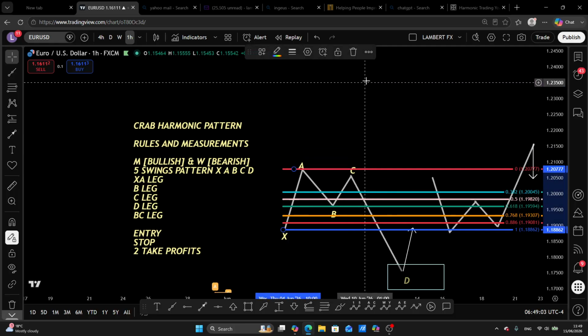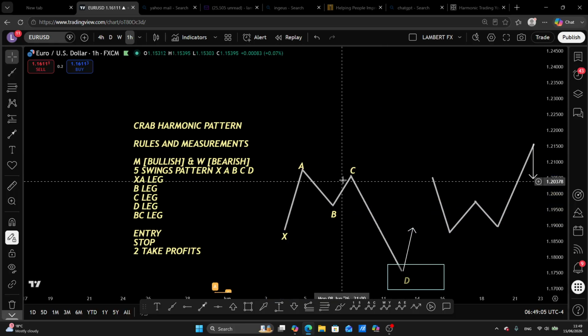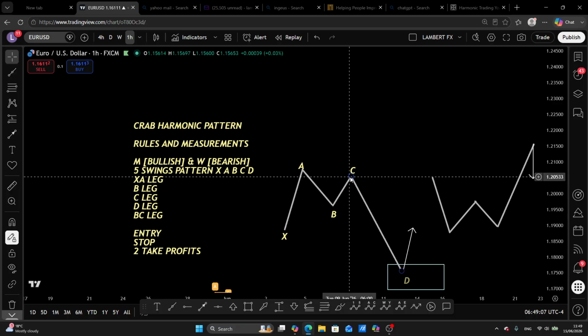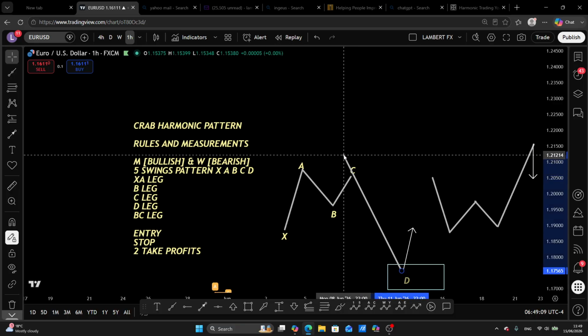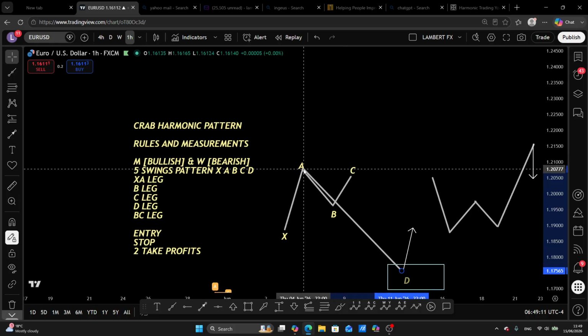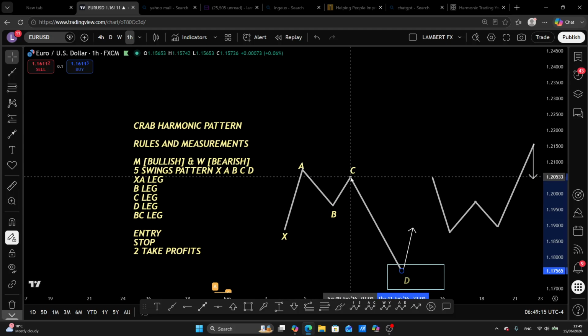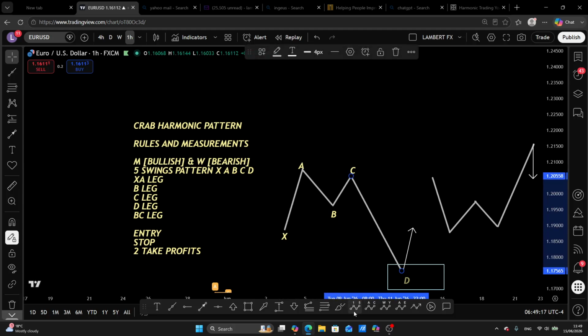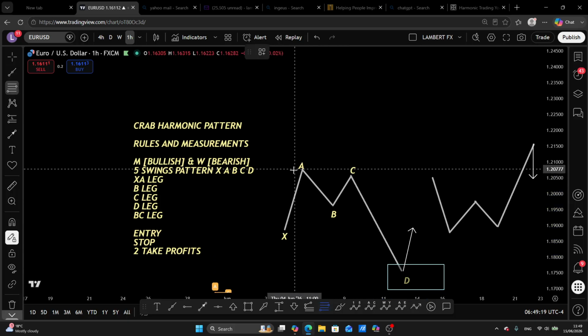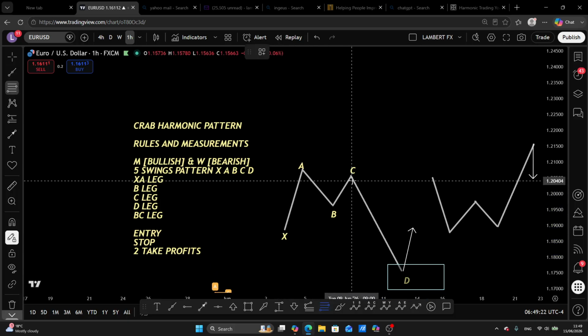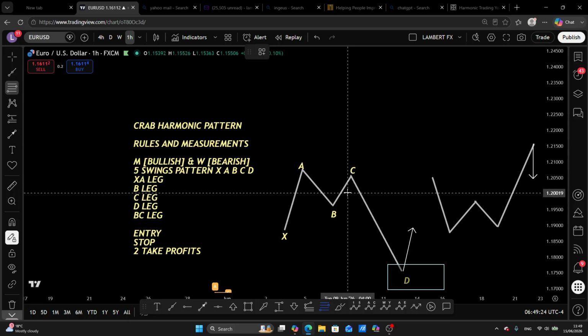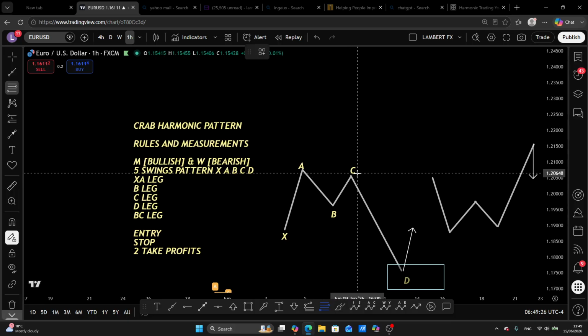So I get rid of this. For the C leg, the retracement for C, the C leg must not trade above where the A stopped. So it must not exceed A. The rules are that the C must touch 0.382. How would you measure that?